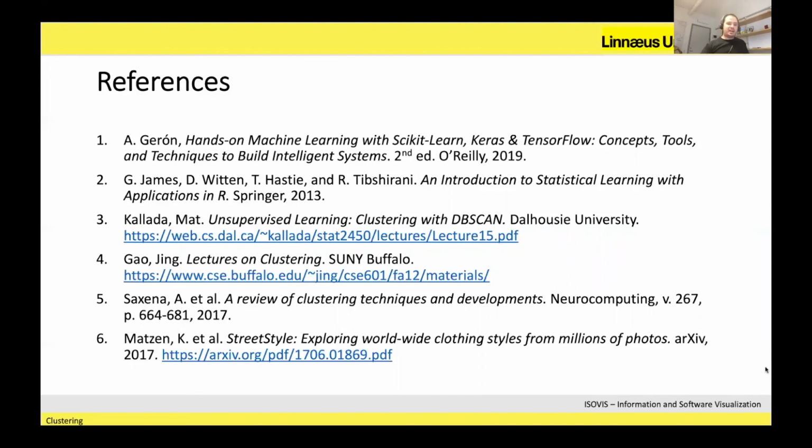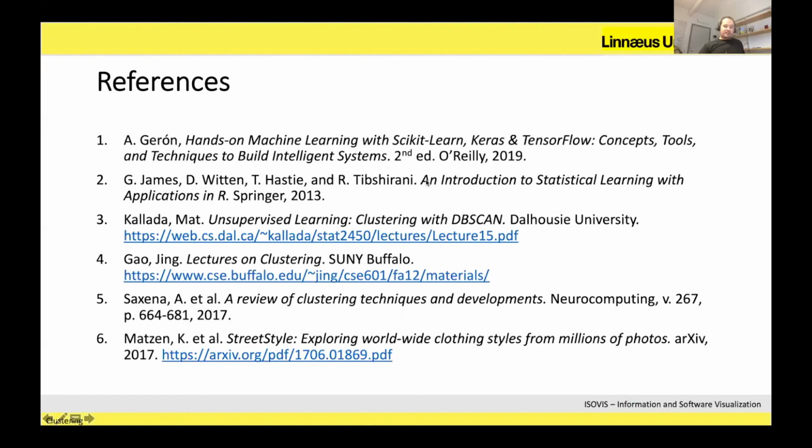Chapter 9, I forgot to put the chapter here. I'm going to change the slides to show the chapter. But chapter 9 of the book from Geron deals with clustering specifically. There's also this other book, number 2, which is An Introduction to Statistical Learning with Applications in R. Correct me if I'm wrong, but I think this book is also freely available online.